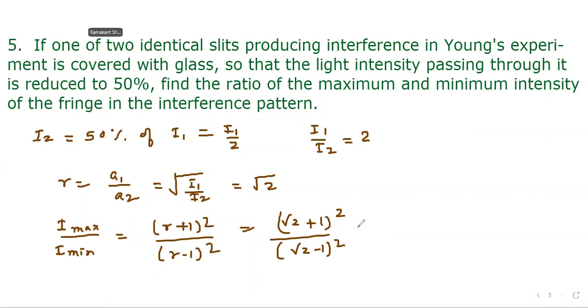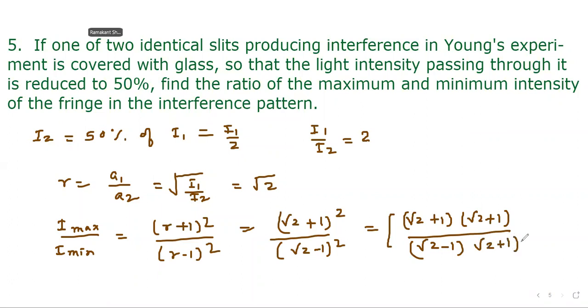So if we rationalize it inside, what do we get? (Root 2 plus 1) times (root 2 plus 1) divided by, in denominator, (root 2 minus 1) times (root 2 plus 1), and whole square.